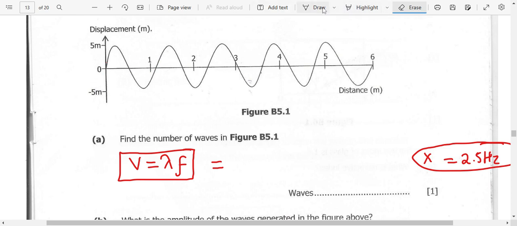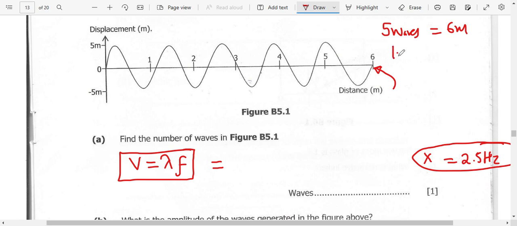Okay, so we should also calculate the wavelength. You can see how many waves do we have here? 5 waves. What is the distance that they've covered? Six. Okay, they've covered 6 meters. Now, wavelength is the distance covered by only one wave.